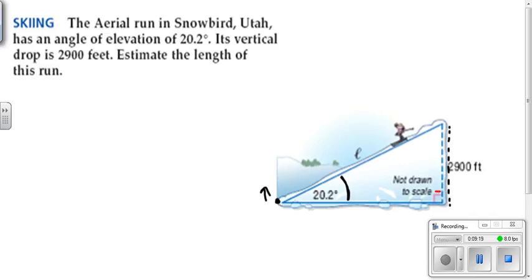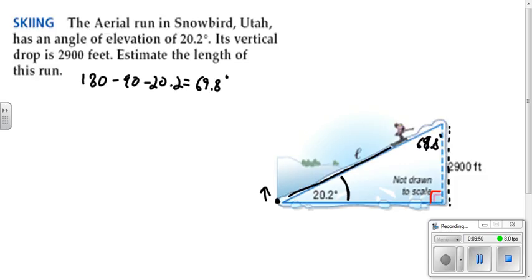As usual, we have our right angle given. So we could say 180 minus 90 minus 20.2 would give us 69.8 degrees, which would be this piece here. But we don't necessarily need that part. It's nice to know so we can solve the rest of our triangle, but we didn't need that. All we're looking for is this length here.